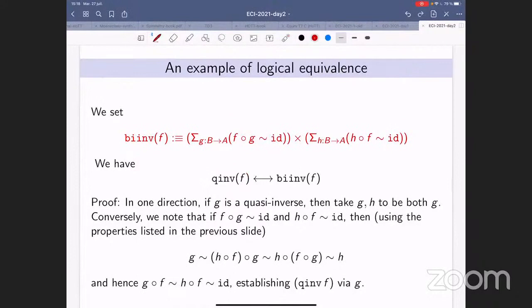So Q-inv of F was, by definition, the existence of a G of type B arrow A, such that F composed with G is homotopic to the identity, and G composed with F is homotopic to the identity.